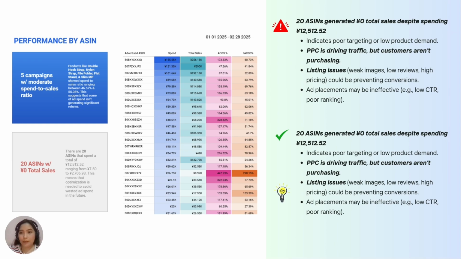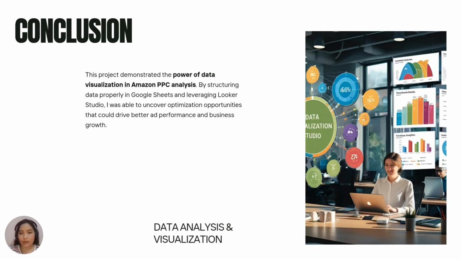By evaluating spend to sales ratio and TACoS percentage, I have identified which campaigns should scale and which need cost reduction. This is to improve future campaign efficiency, reduce ad spend on inefficient campaigns, optimize product listings for better organic ranking, refine keyword targeting to improve PPC efficiency, and then to also test new bidding strategies for better budget allocation.